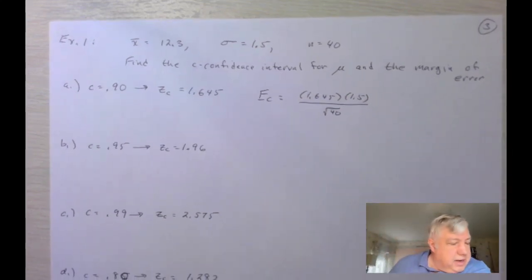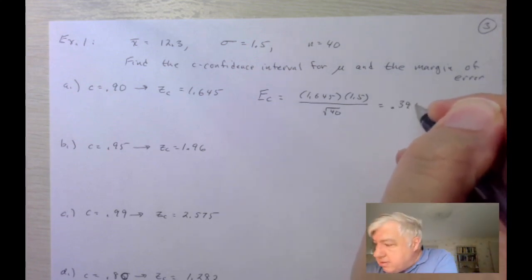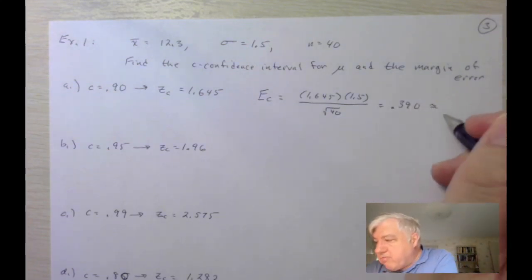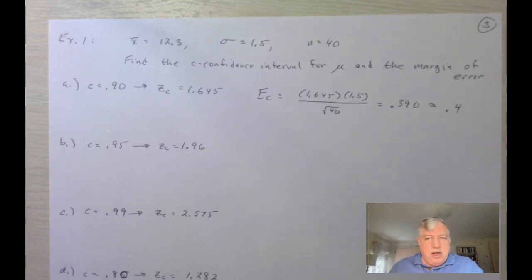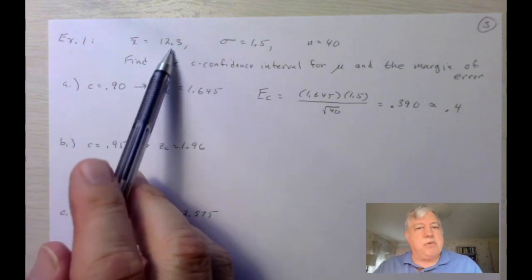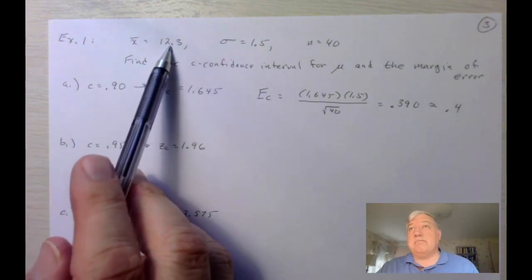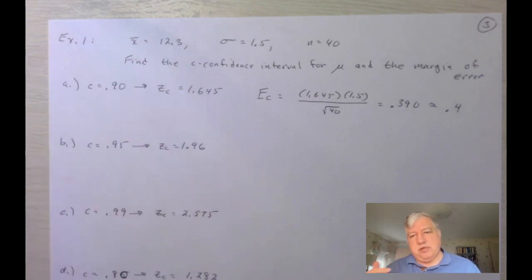Okay, and this would be 0.390, which we're going to round off to 1 decimal place to make this 0.4. The reason we use 1 decimal place is because that's what we have for our sample mean. In general, the rule is you use the same number of decimal places that your sample mean has.